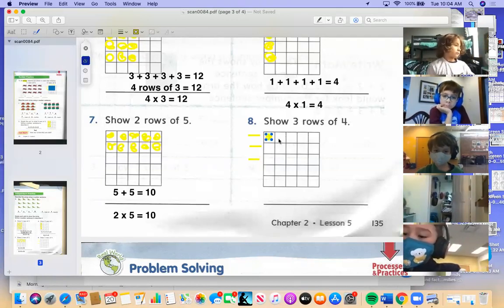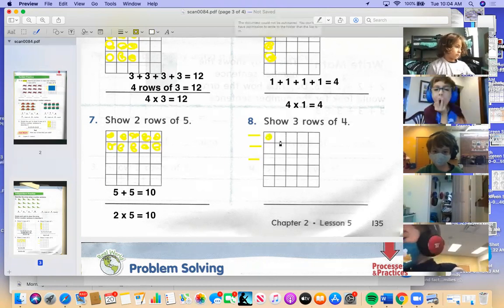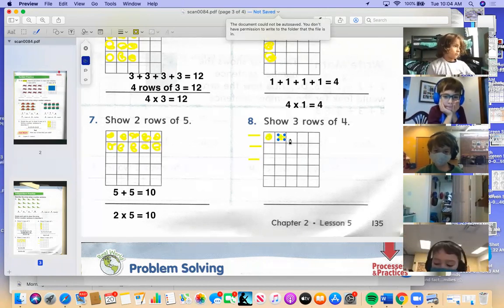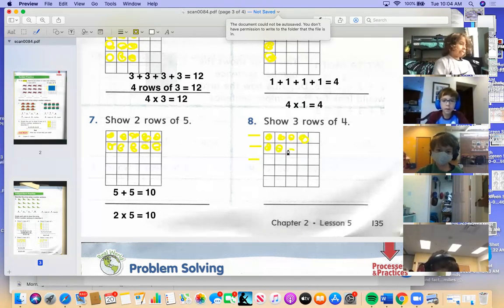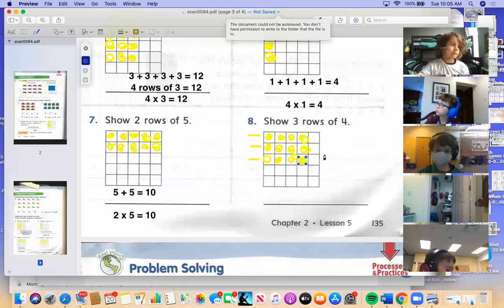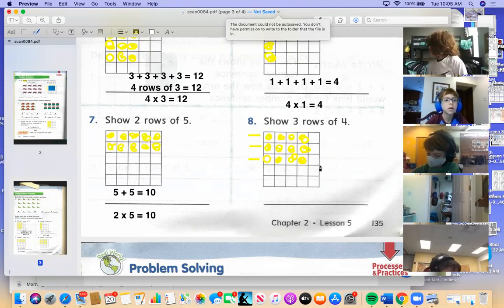We'll go across here. 1, 2, 3, 4. So that is 1 row of 4. 2 rows of 4. And 3 rows of 4. So this is 3 rows of 4. Okay.